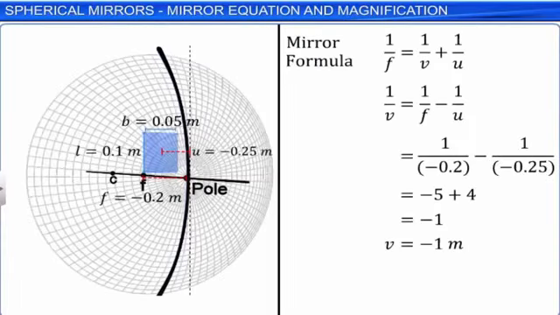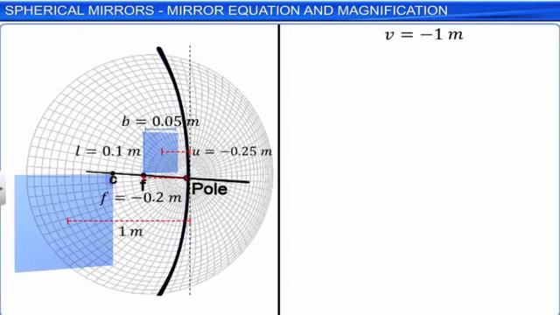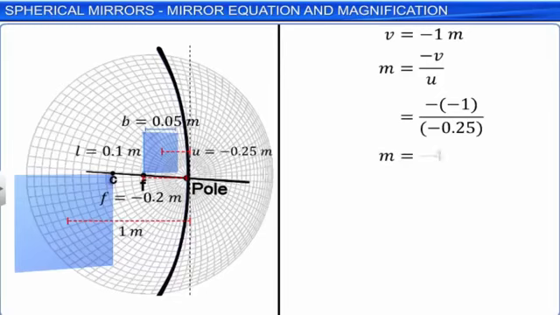That means the image is formed at 1 meter from the mirror. We know that magnification m is equal to minus v by u. On substituting the values for u and v, and on further simplification, we get m is equal to minus 4. That means the image is 4 times bigger than the object.